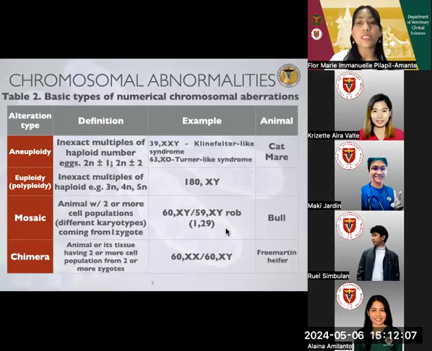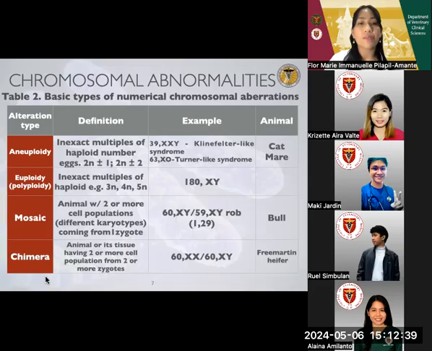This just means that for translocated aberrations, the bull can still have the normal 60 chromosomes or a 59 abnormal set of chromosomes, no? So either 60 or 59, what's important is that at the level of the Robertsonian loci, it has been interchanged. The location is always this 1,29.